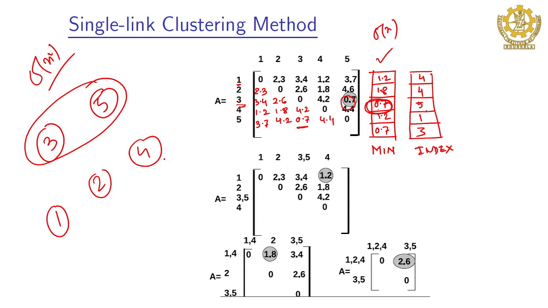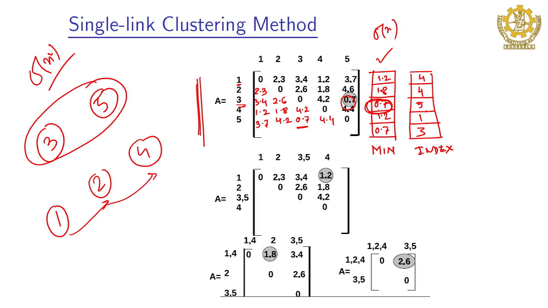The distances between the other clusters do not change. Therefore, in this distance matrix there is no need to change any row apart from rows 3 and 5, or columns 3 and 5. Please understand. When we merge 3 and 5, there is no change in the distance from 1 to 2. Obviously, there will be a change in the distance from 3-5 to 1, or 3-5 to 2, or 3-5 to 4, and we will take care of that, but there is no change in the distance from 1 to 2 or 2 to 4.